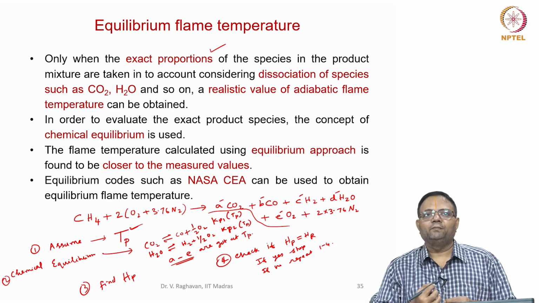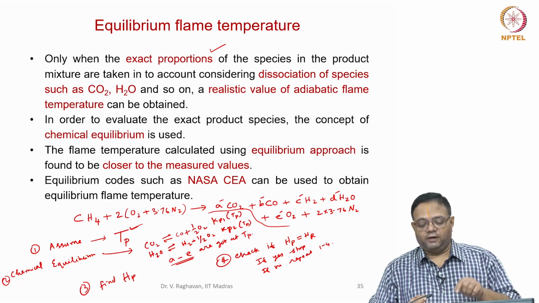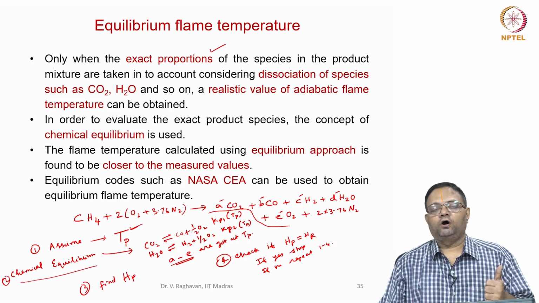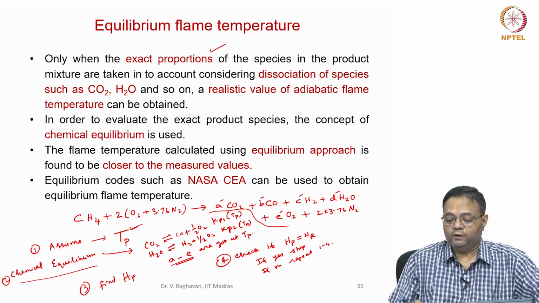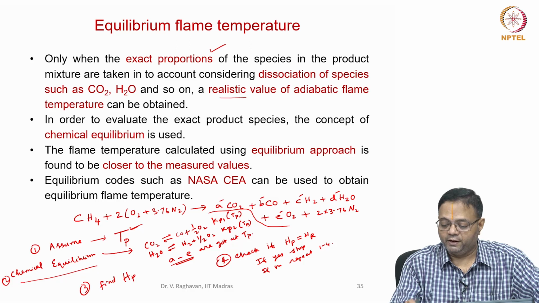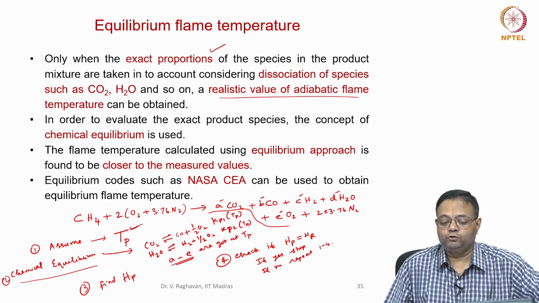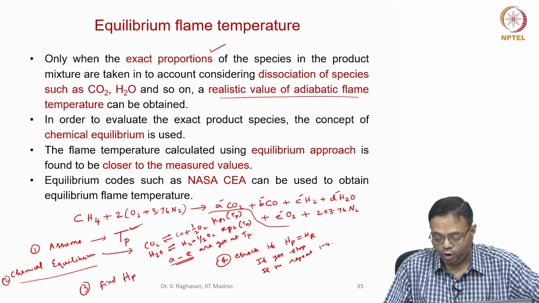So basically some iteration is required, and in each of these iterations I need to solve the chemical equilibrium. Okay, so if you solve in that way, I get a realistic adiabatic flame temperature. The realistic value of adiabatic flame temperature is obtained by considering the dissociation of the products CO2 and H2O.